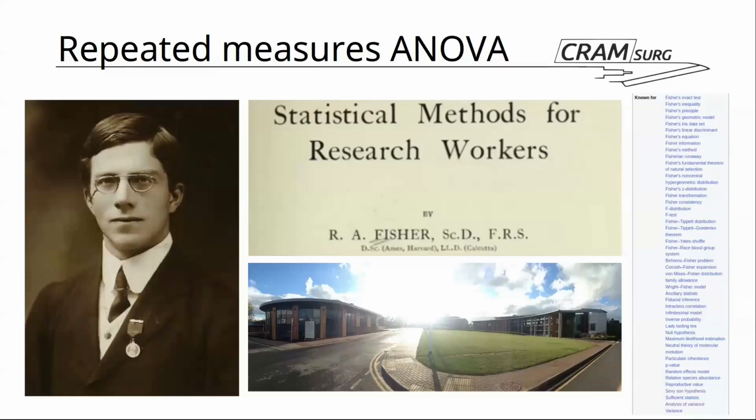Now, ANOVA is, as you probably remember from the last 2 lectures, a product of the statistical genius of Mr. Fisher. Fisher had published a number of papers on statistical methods when he was working at the Rothamsted Experimental Station. Those studies are called Studies on Crop Variations, and I think there's 5 of them.